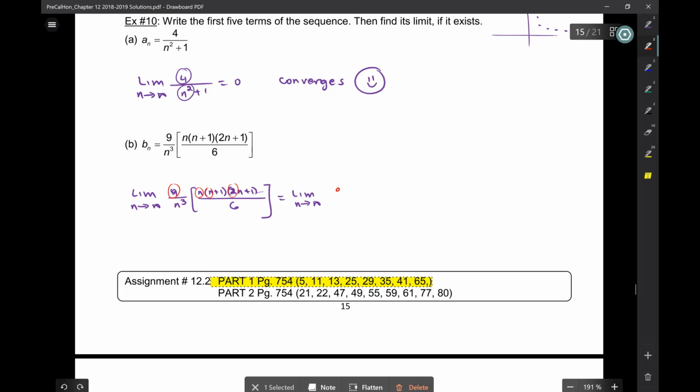So this is 9 times n times 2n over 6n cubed, sorry. So this is the limit as n approaches infinity of 18n cubed over 6n cubed, which is 3. It also converges.